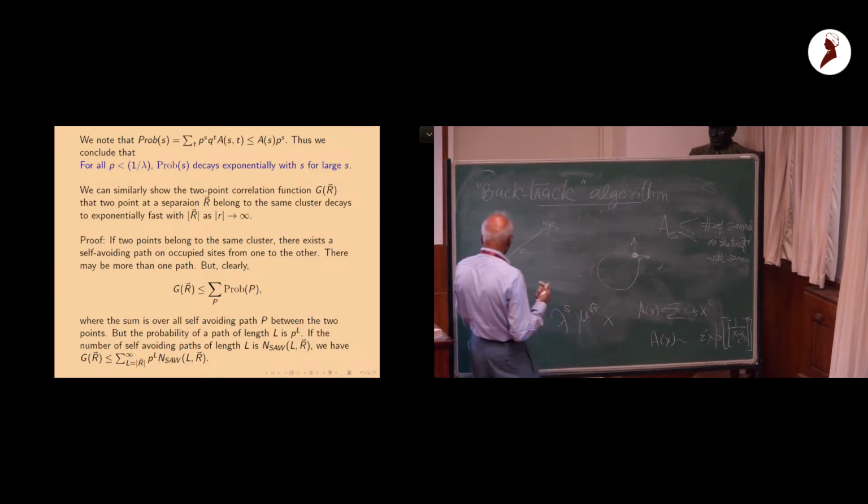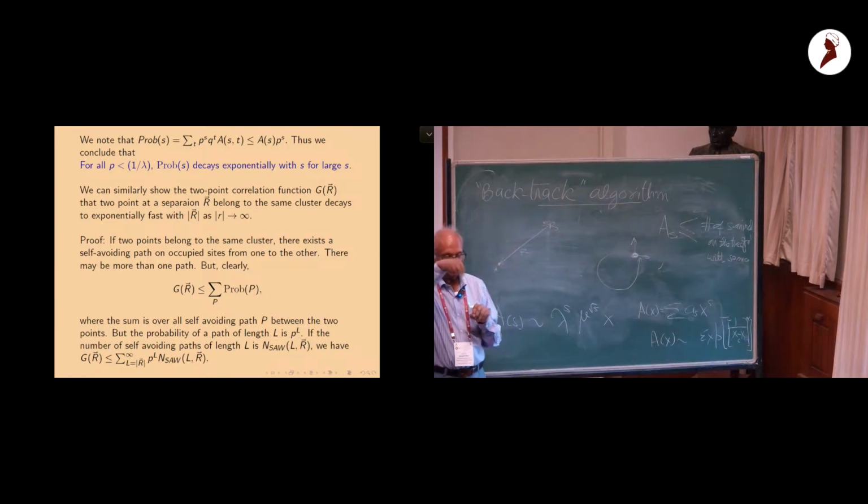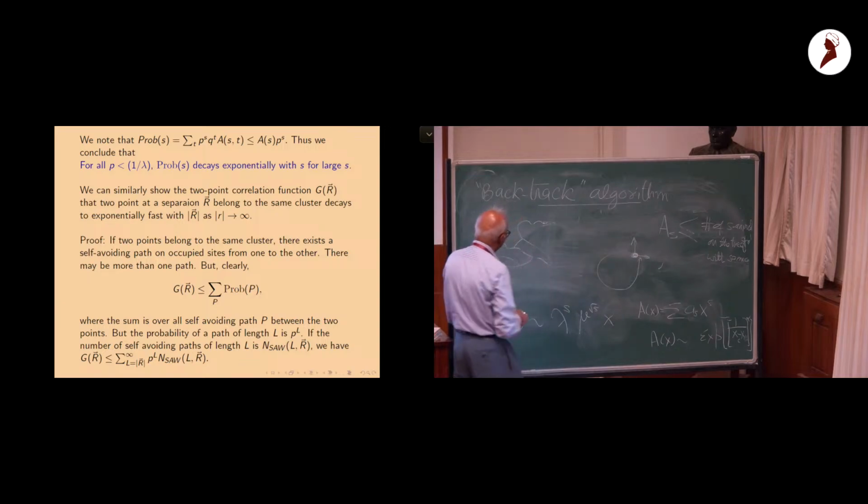Well, if this point is connected to this, there must be a path going from A to B. The path can be slightly complicated. It looks like this. There might be actually stuff like this. There is more than one path. I can take this path or I can take that path, but there is at least one path.